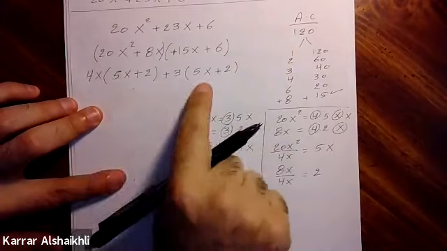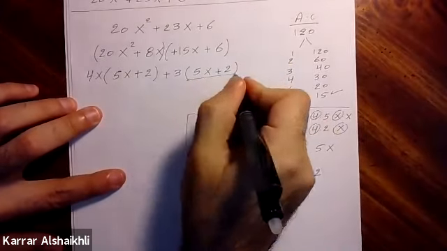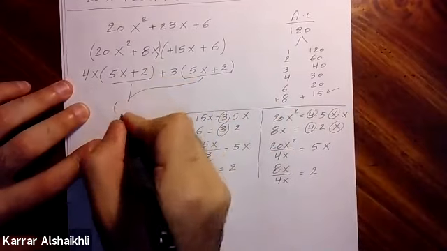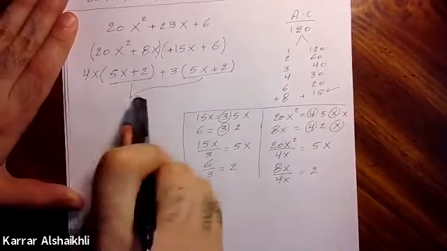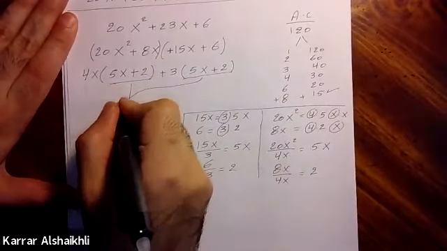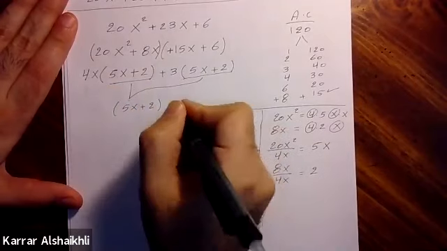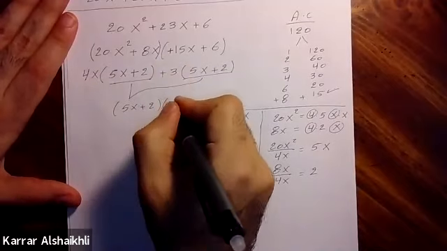Now, if you check, we got exactly the same parentheses. So I'm going to write down these 2 parentheses here as a 5x plus 2, and the leftover is going to be 4x plus 3.